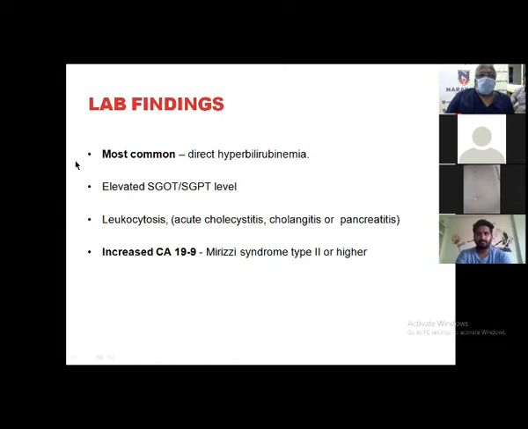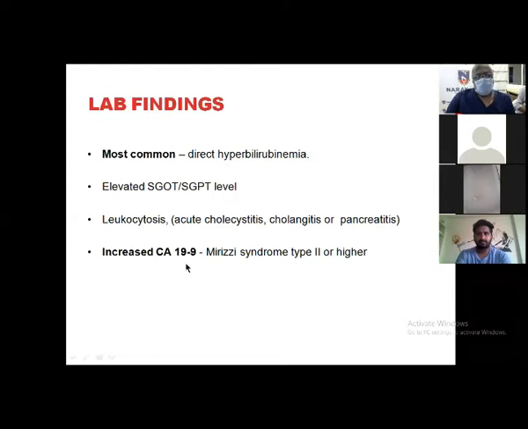Many of you were not aware. Once there is a chronic obstruction, there is a certain amount of parenchymal involvement which leads to an SGOT and SGPT rise. There is a leukocytosis in acute cholecystitis, cholangitis, and pancreatitis, with polymorphonuclear leukocytosis more, somewhere in the range of 20,000, whereas 85 to 95% will be the granulocytes.